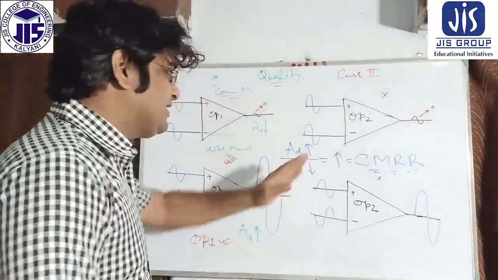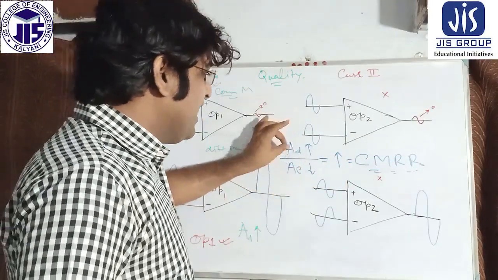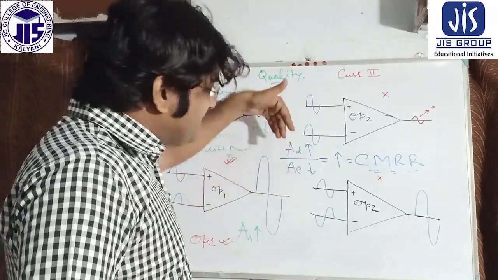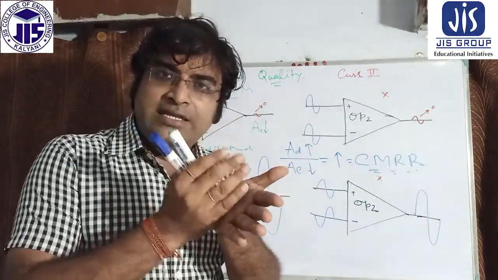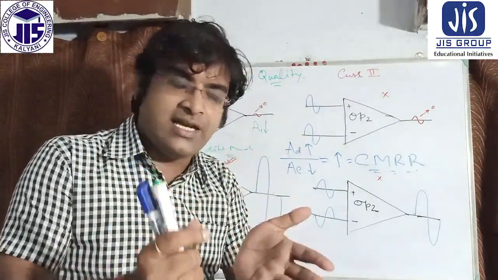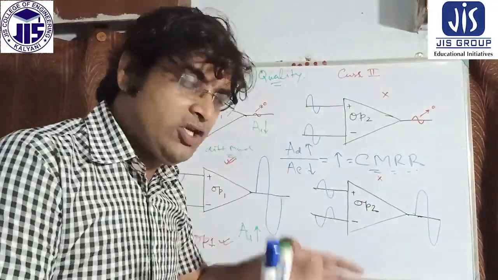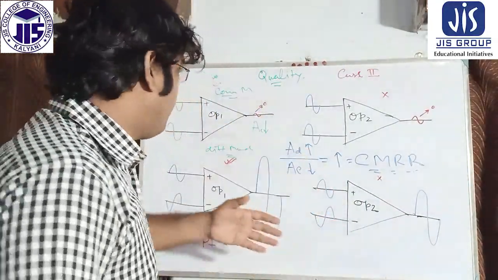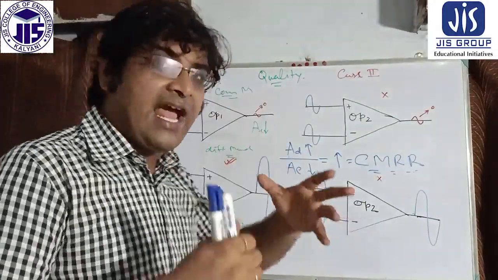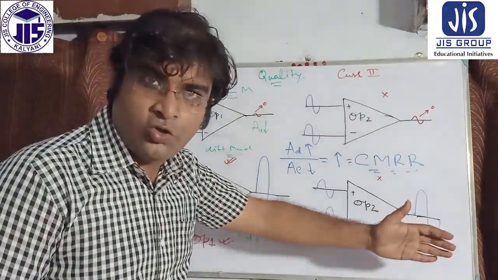Why is it called the common mode rejection ratio? Because you can see AD is increasing and AC is decreasing. How well the op-amp rejects signals in the common mode, that capability of the op-amp for rejecting the two common signals, is actually defined by the common mode rejection ratio concept.